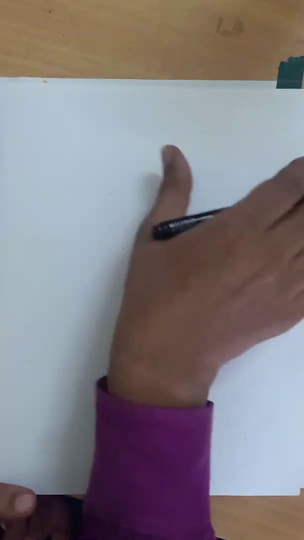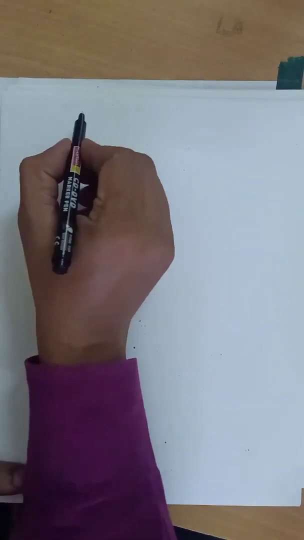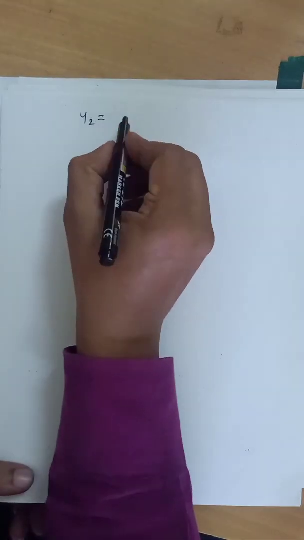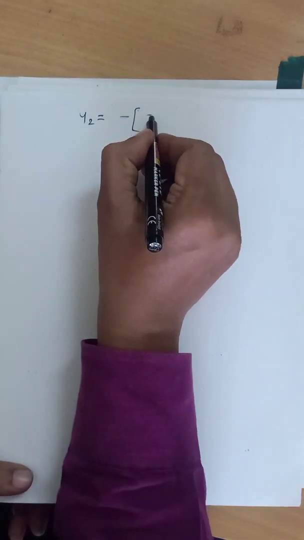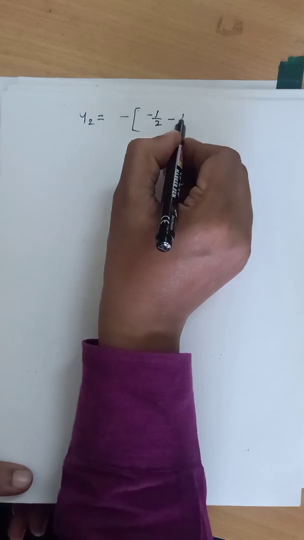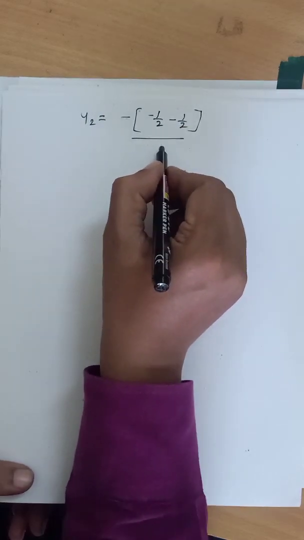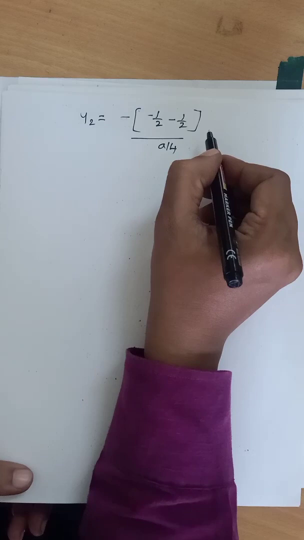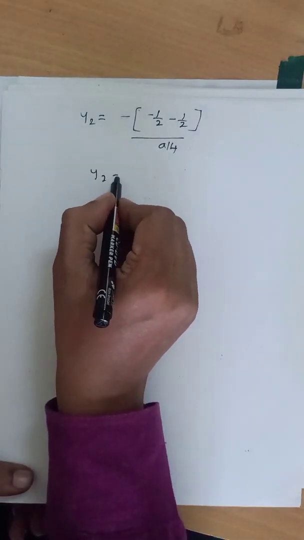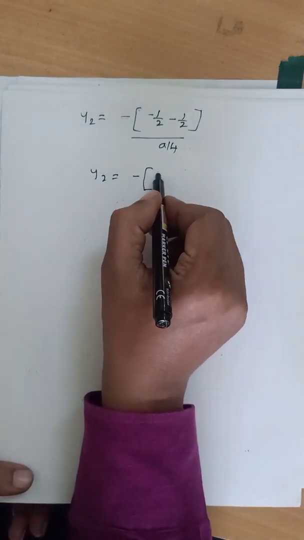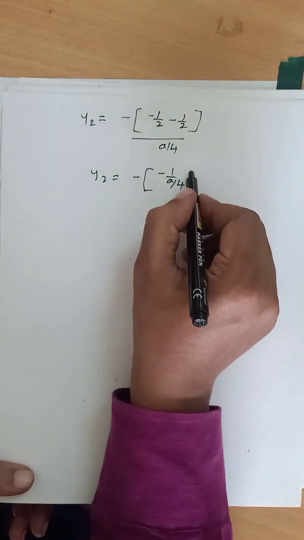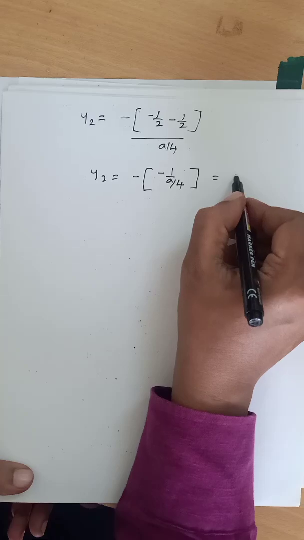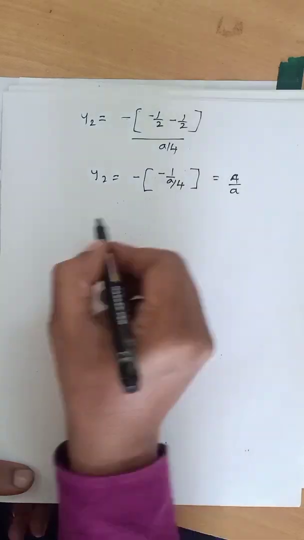Next step, that is y2 is equal to minus of, cancel, minus 1 by 2 minus 1 by 2 whole divided by a by 4. That is y2 is equal to minus of minus 1 by a by 4, that is plus 4 by a.